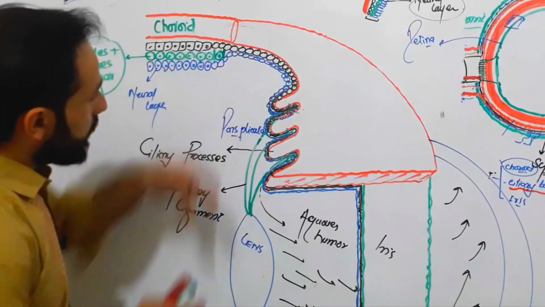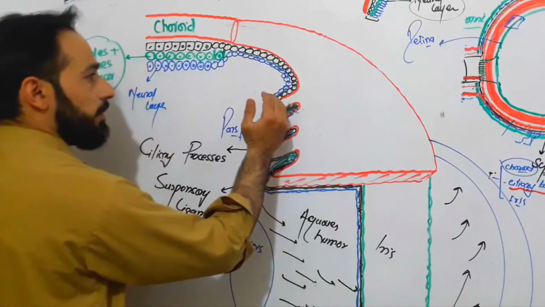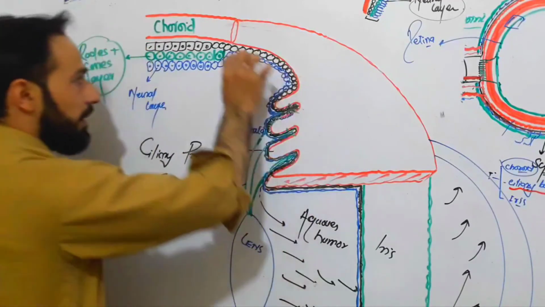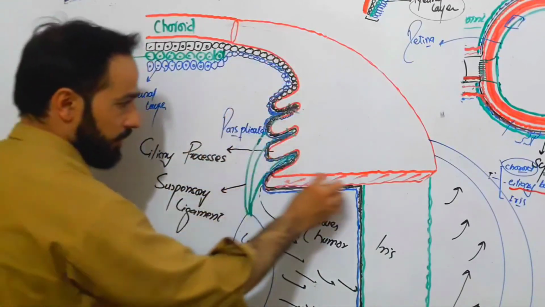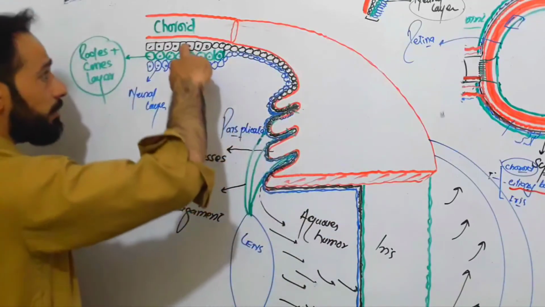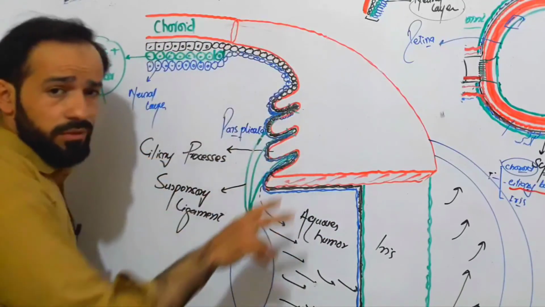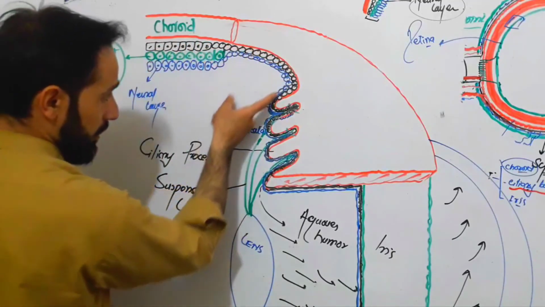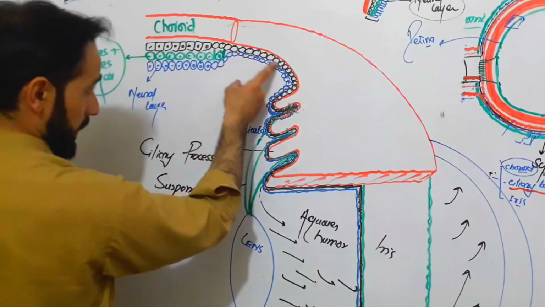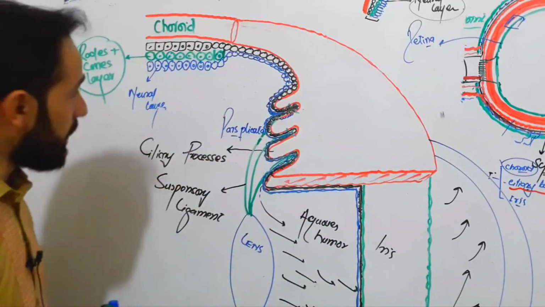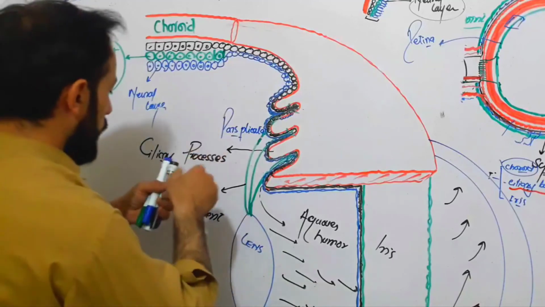So we see that the posterior or vitreal surface of the ciliary body is covered by a double epithelium, right? And that double epithelium is actually the epithelium of the retina which comes forward. So what is that? That is the retinal pigment epithelium, and the neural layer of the retina comes and goes there, right?